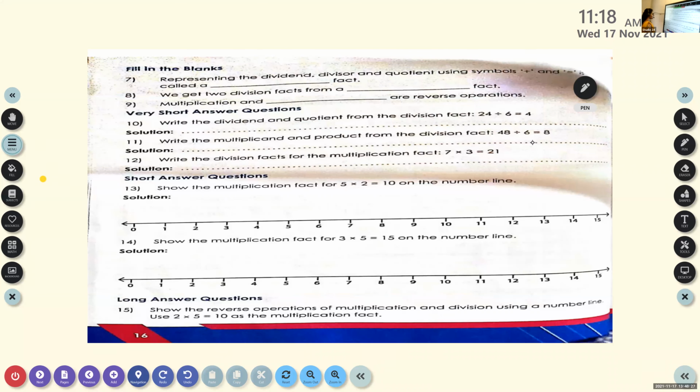Okay, so show the reverse operations of multiplication. Question number 15, the last one. Page number 16, the last question. Show the reverse operations of multiplication and division using number line.